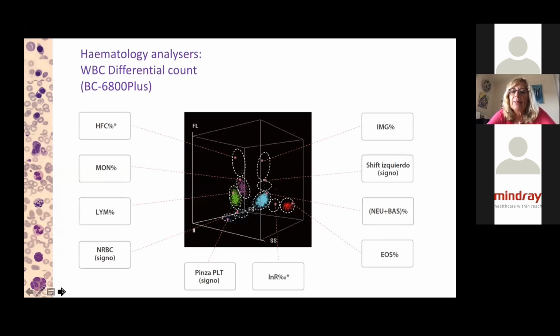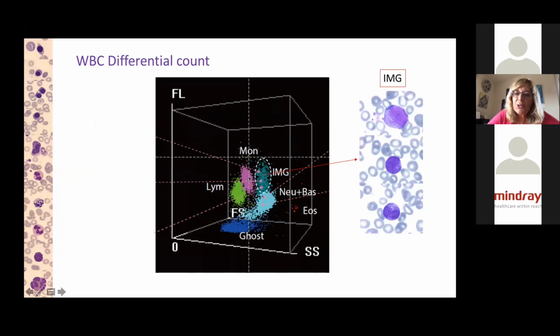So the percentage of neutrophils, eosinophils, basophils, lymphocytes, monocytes, also the high fluorescent cells that correspond to immature cells, also the nucleated red blood cells, and the population of immature granulocytes. The immature granulocytes subset contains all types of immature granulocytes, such as metamyelocytes, myelocytes, and promyelocytes.